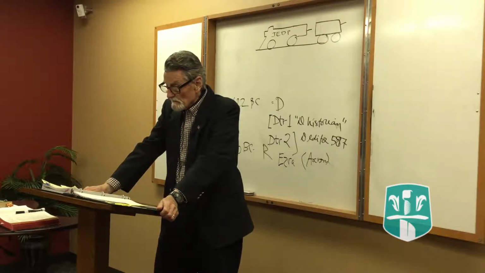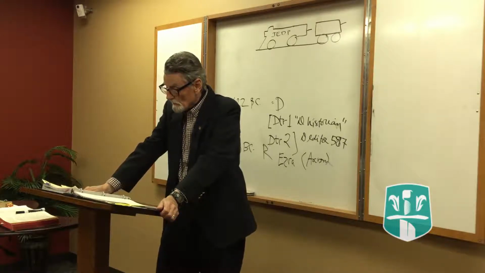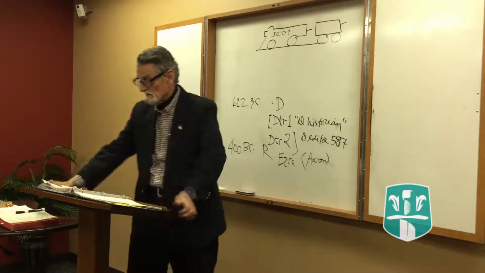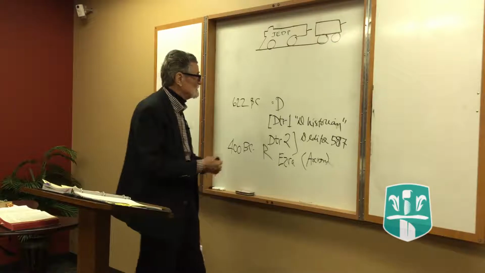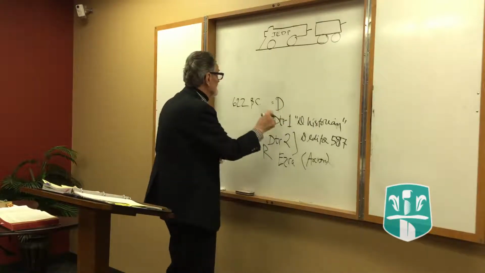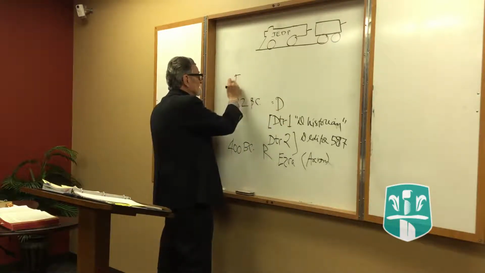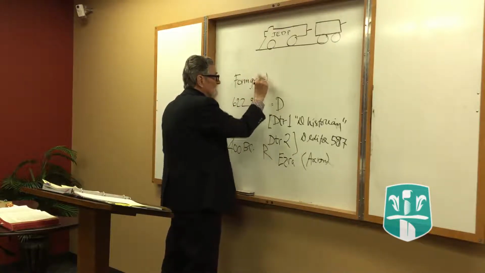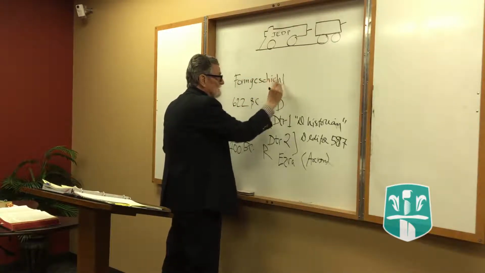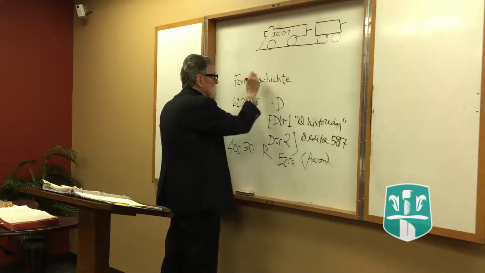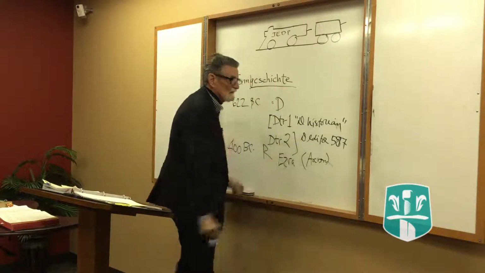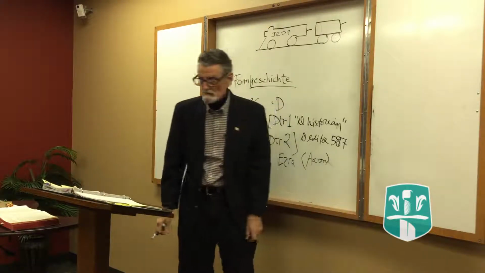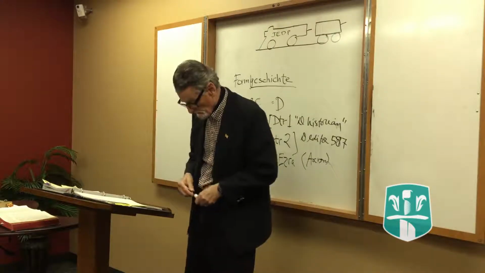The beginnings of this theory called form criticism or Formgeschichte. See, if you're a good German scholar, you'll talk about Formgeschichte. What is Geschichte? Well, we'd like for it to be history. But if they don't, it really isn't a full-blown history.